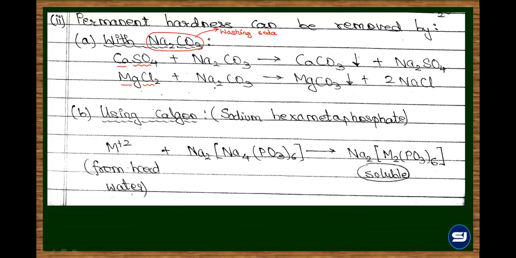So what it does is it converts the sulfate salt into the carbonate salt and converts the carbonate of sodium into the corresponding sulfate or chloride. So basically what caused the hardness has got removed because of its conversion into carbonate salt. Got it?